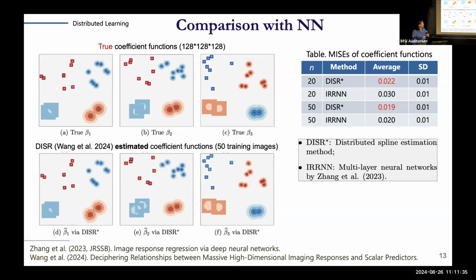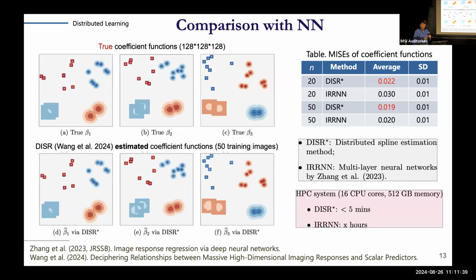In some cases, we're slightly better, especially in terms of computing. For our computing, we use 16 CPU cores, and our method can be done within 5 minutes, in contrast with the number of hours taken by a neural network.